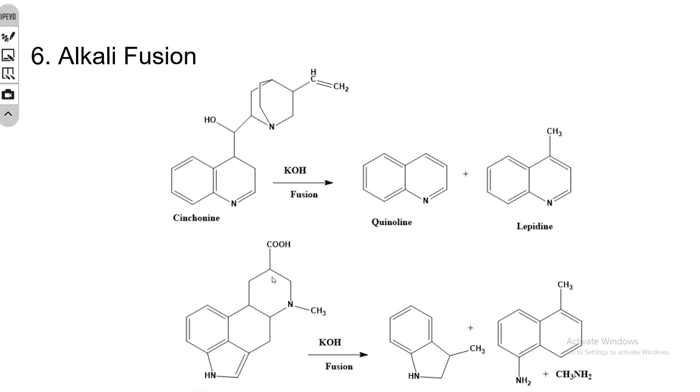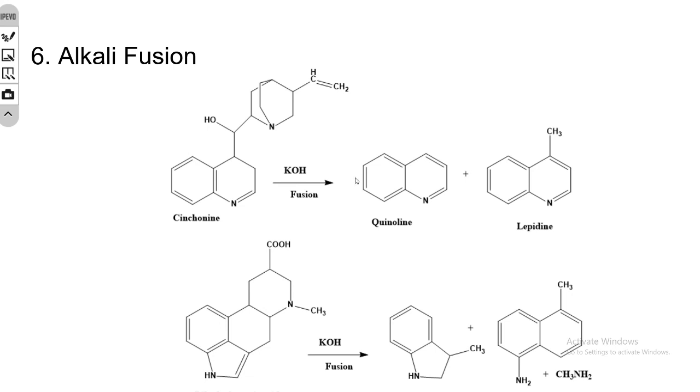Fusion of an alkaloid with alkali results in breakdown into smaller molecules, that is, the breakdown of a complex molecule to form simpler molecules. By analyzing the products formed, we can have an idea about the actual structure. So if our alkaloid is very big or complicated, we should first fuse it with KOH.